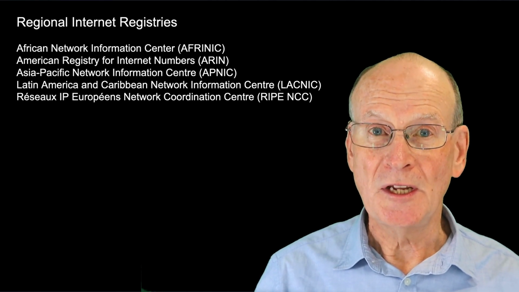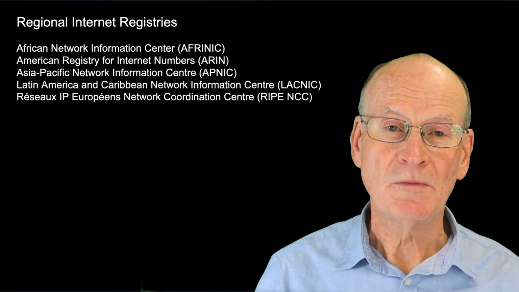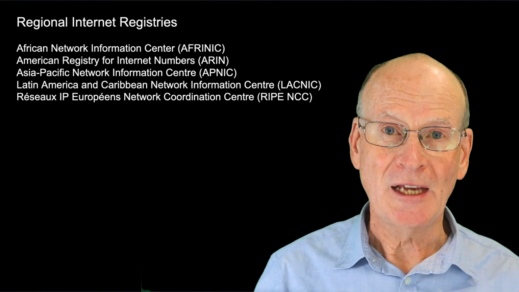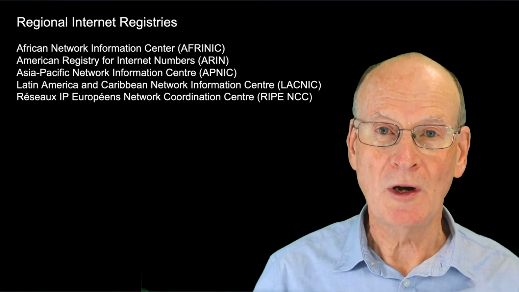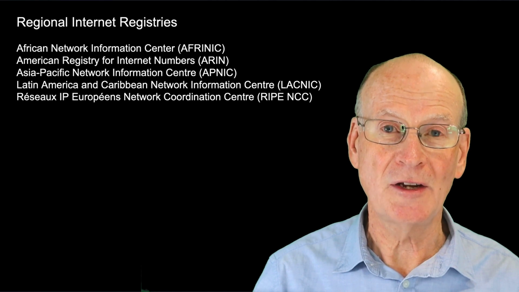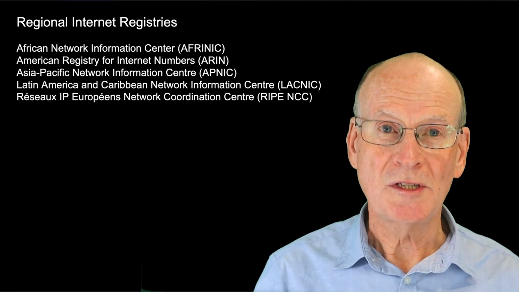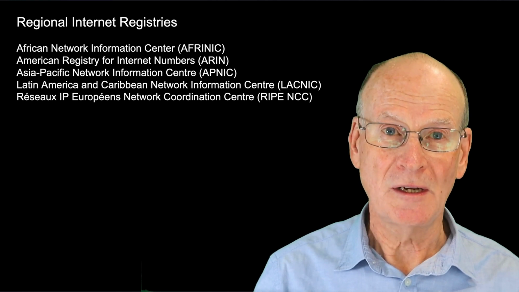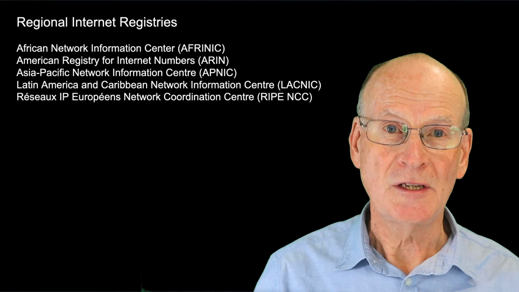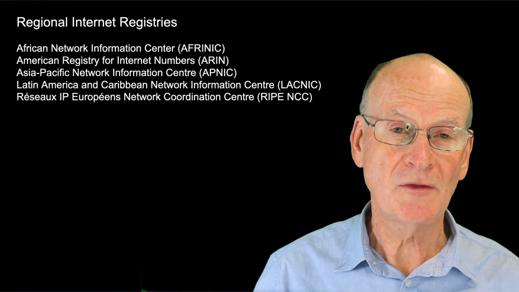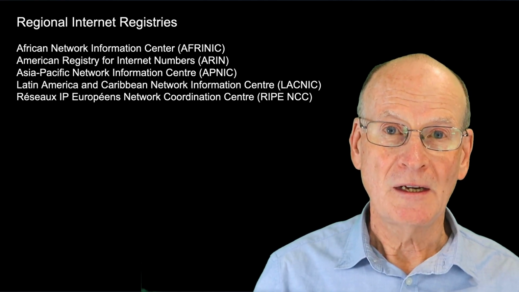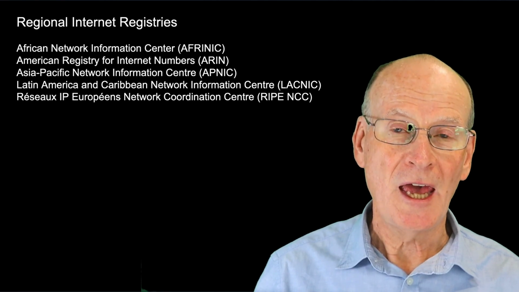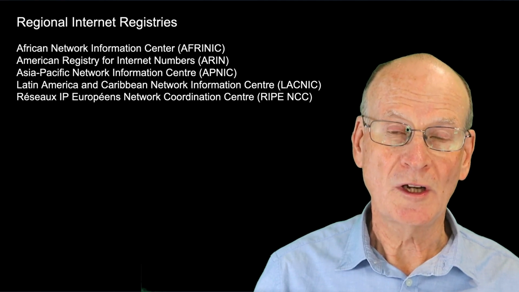This includes internet service providers that in turn provide internet connections and addresses to the end users, and they allocate an address to each user from the block that the RIR has given them. The internet registries are one for Africa, one for the US and Americas, the Asia Pacific Network Information Center for that region, a Latin America and Caribbean Network Information Center, and a European Network Coordination Center.